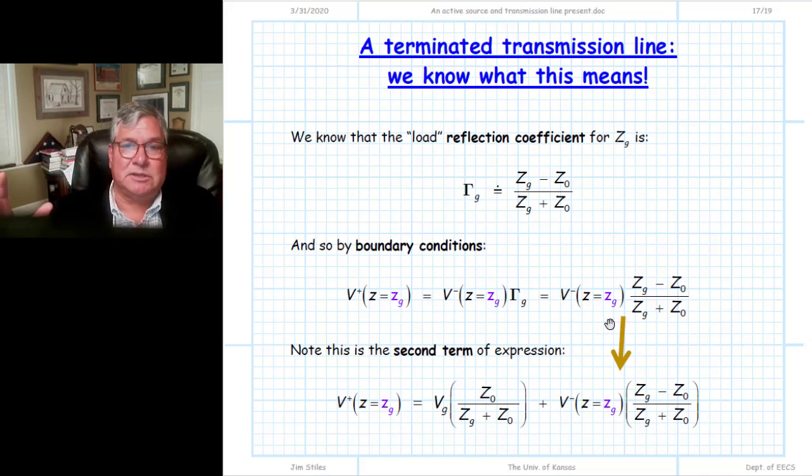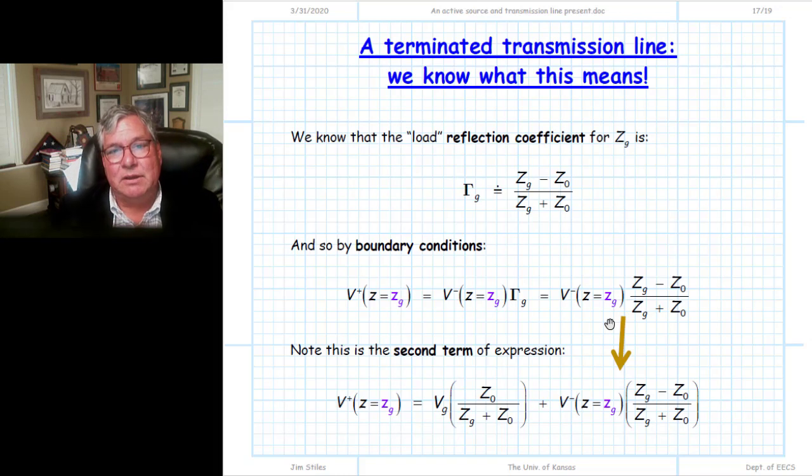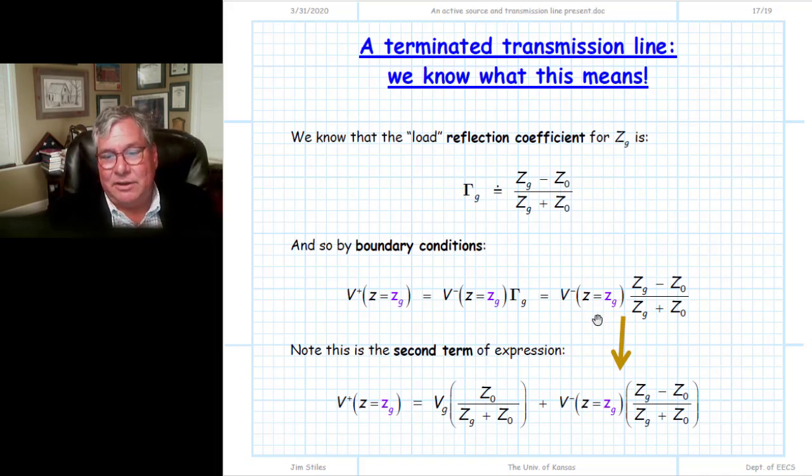And we got this result simply by turning off the ideal voltage source, VG, and then analyzing the resulting circuit. And we recognize it as a terminated transmission line. We had to go through and change our notation a little bit because the incident wave was the minus wave and so forth. But we knew this is the answer that we get.